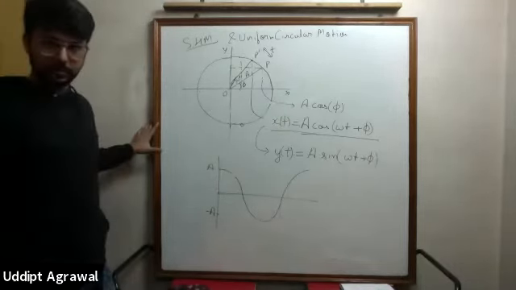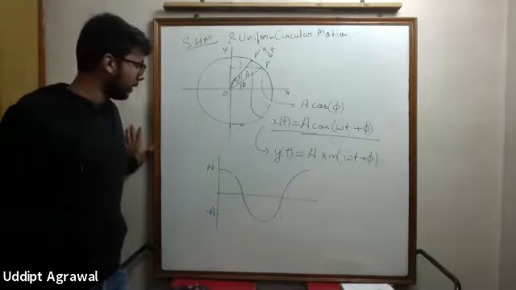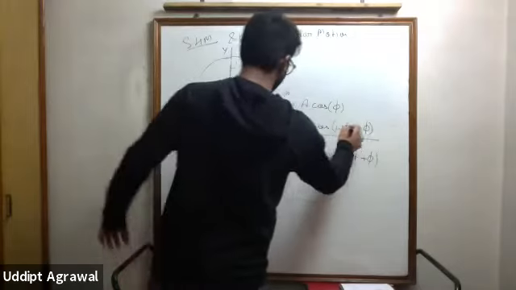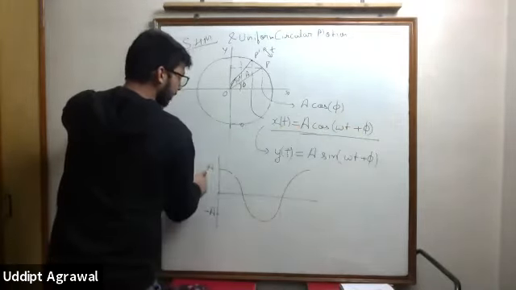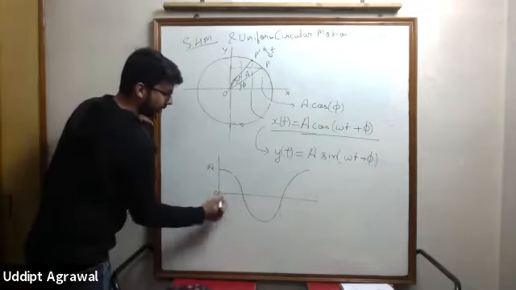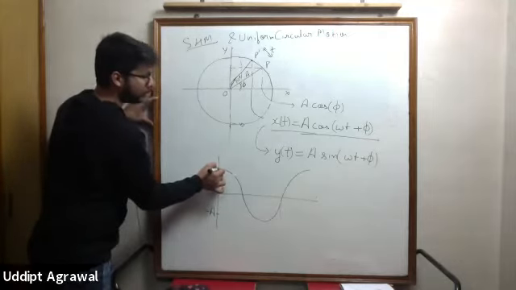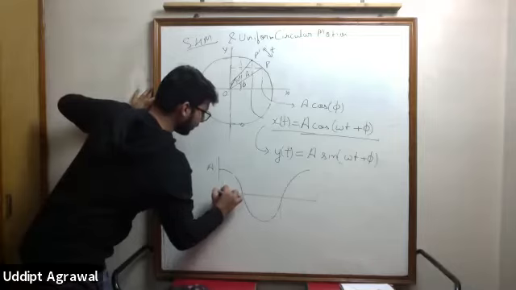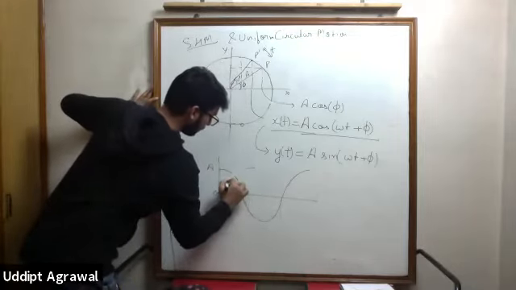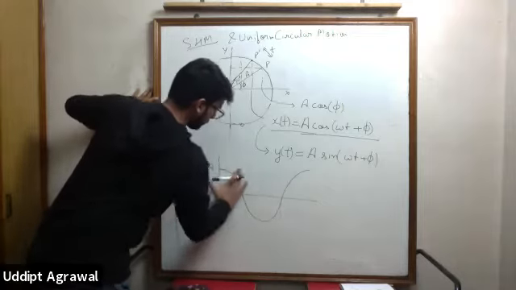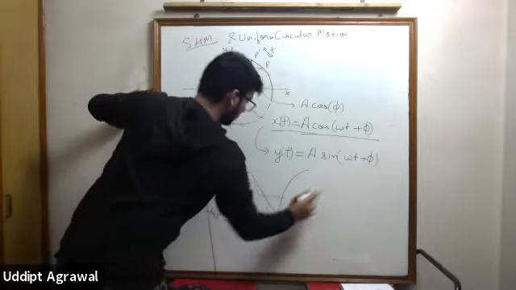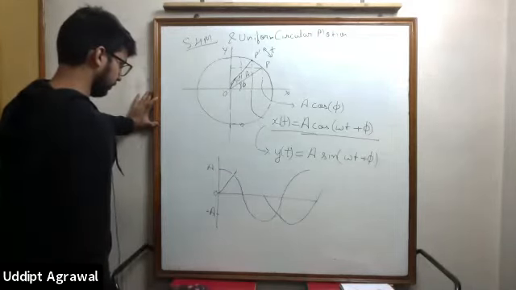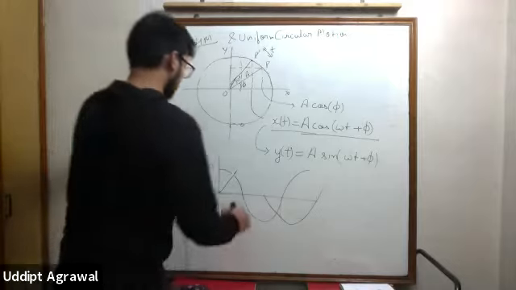Because it's a displaced sine graph by 90 degrees. cos 0 is 1, which means the maximum value A. That's why at time 0 my displacement is at A. And the opposite happens for sine.